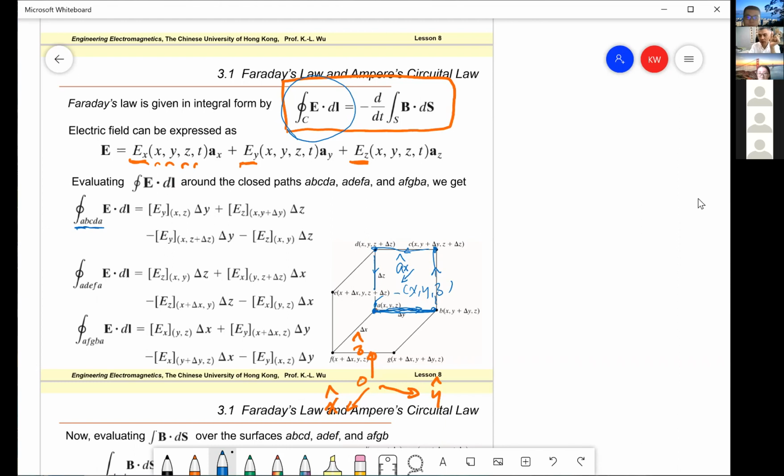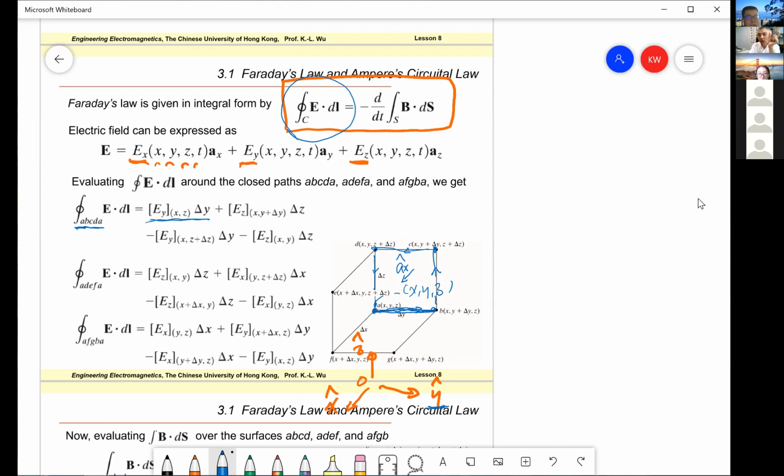over this area, when I do line integration, I take the y component, this is the y component in this direction, right? The y component in this direction.